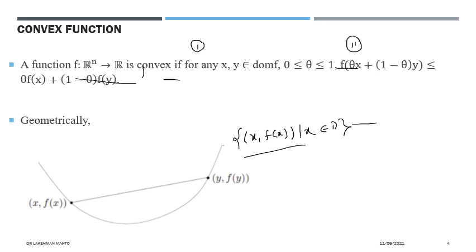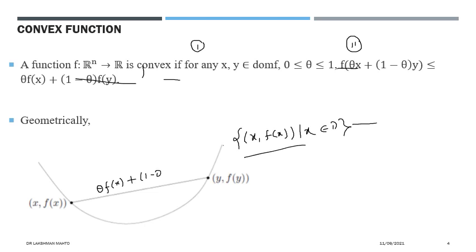So in this graph, we are taking any 2 points, x, f(x) and y, f(y), and joining these 2 points by this line segment. What is the name of this line segment? It is theta f(x) plus 1 minus theta f(y).